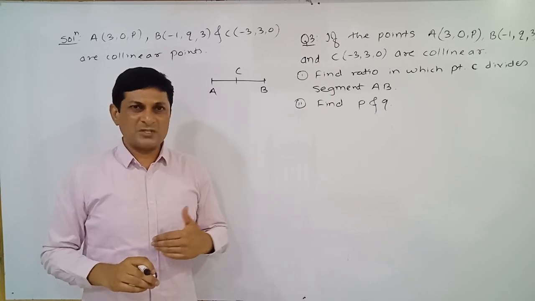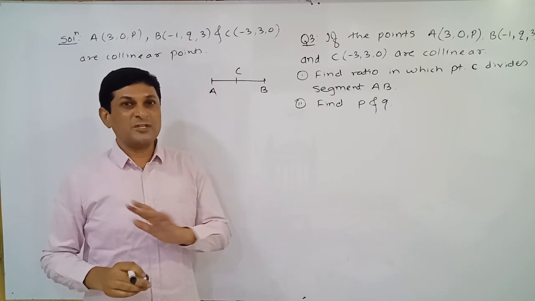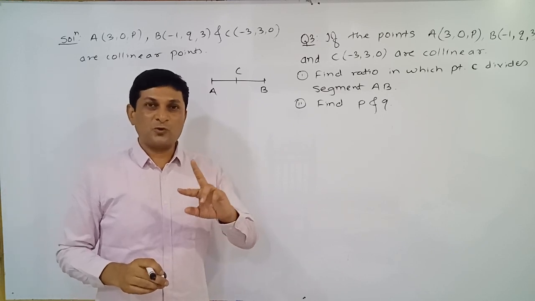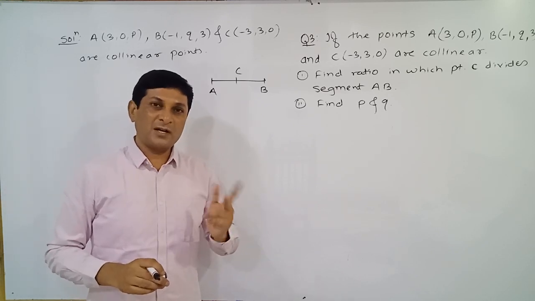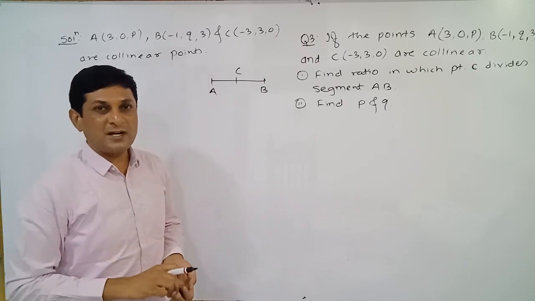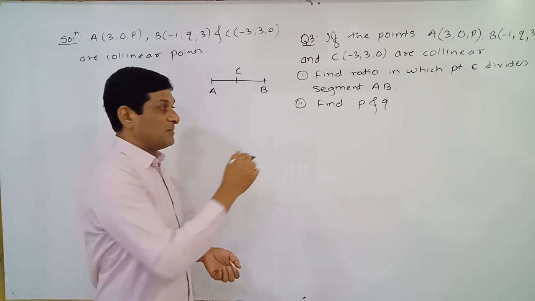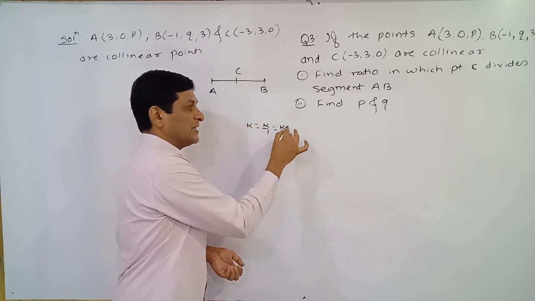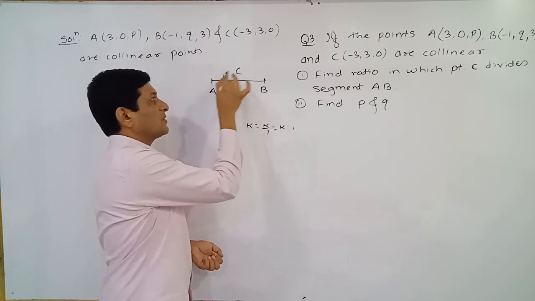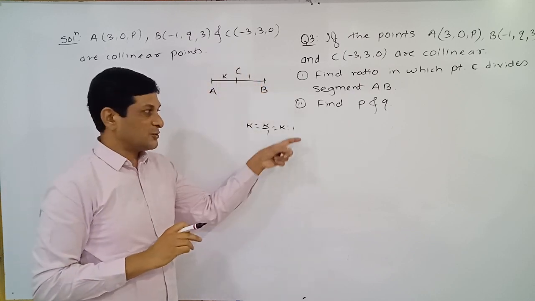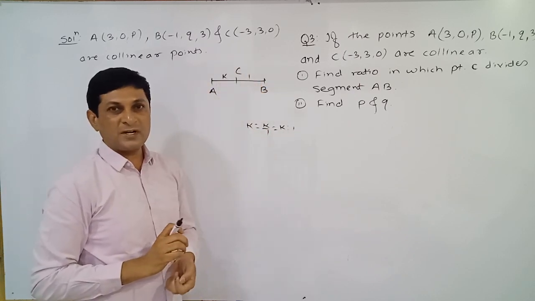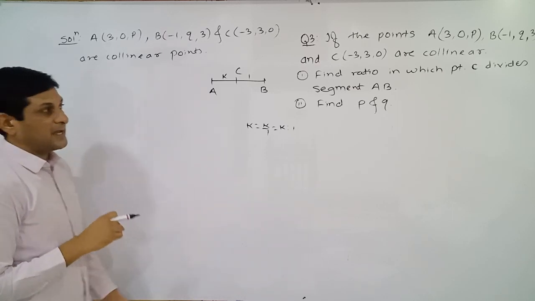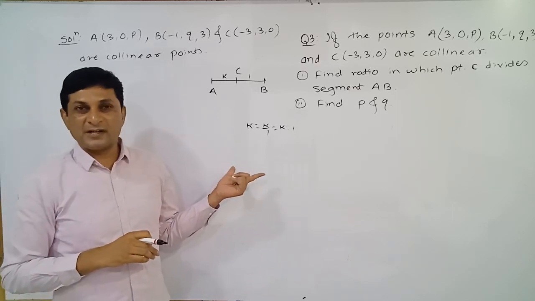Generally we denote the ratio by M is to N, which means we have to find two unknown values, M and N. Instead of that we denote the ratio by K. K can be written as K upon 1, that is K is to 1. So in short we have denoted the ratio by K.